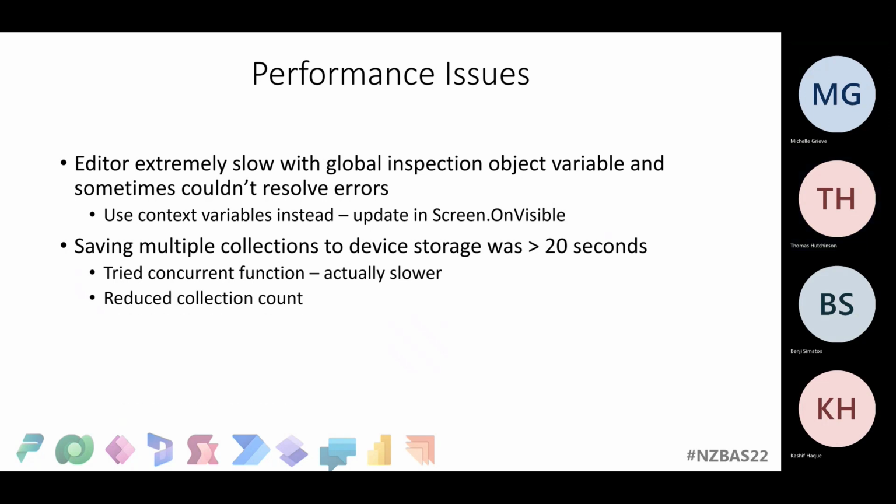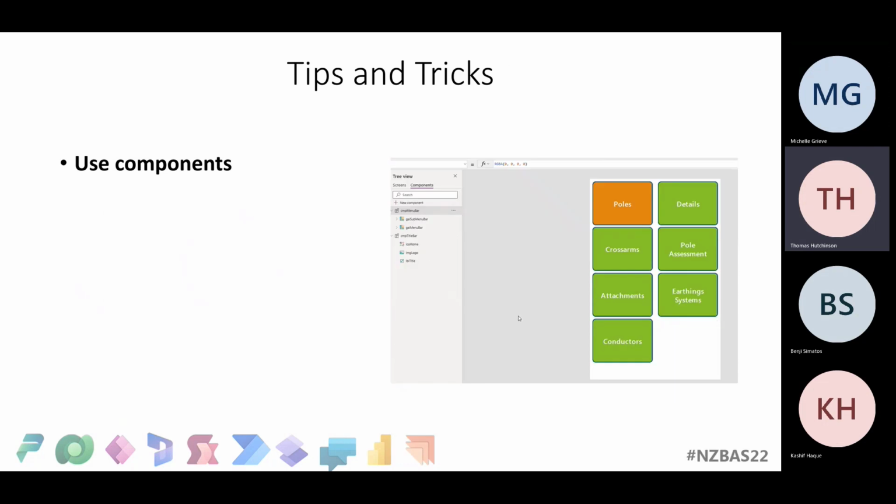So I reduced the collection count right down, just a collection for your inspection objects, and nested all those other objects' properties underneath. There's one for the navigation to save the state of the navigation, and the inspections themselves.